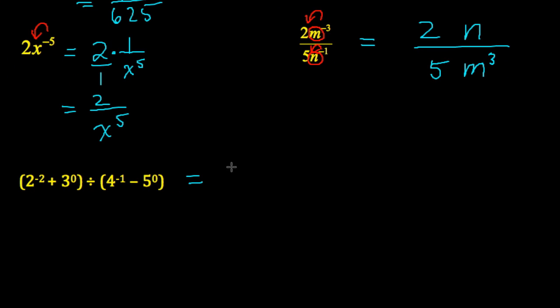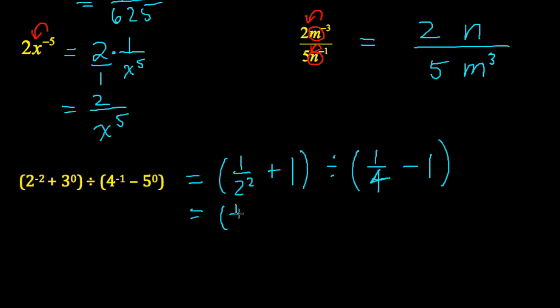Applying BEDMAS, we're going to work the two sets of brackets separately. 2 to the negative 2 is 1 over 2 squared. Plus 3 to the 0 is 1. Divided by 4 to the negative 1 is 1 over 4. Minus 5 to the 0 is 1.